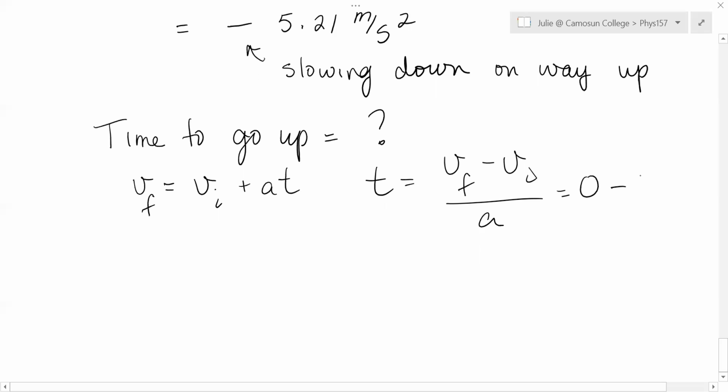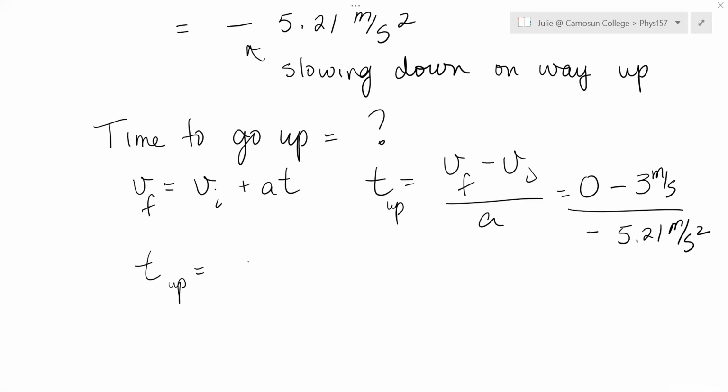That's positive because I made up right. 3 meters per second over negative 5.21 meters per second squared. So the time to go up is 3 over 5.21. I would ask for how far it goes. We'll get that in a sec. So how long is this? This is 0.576.